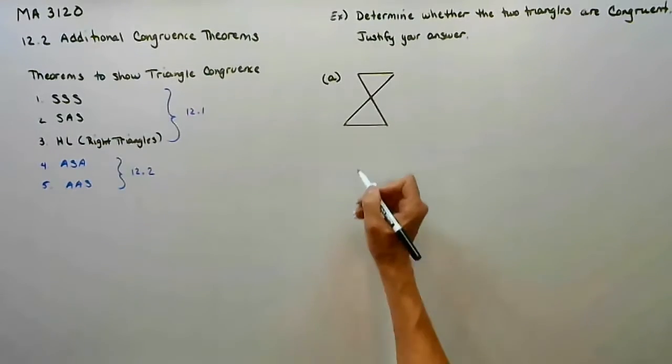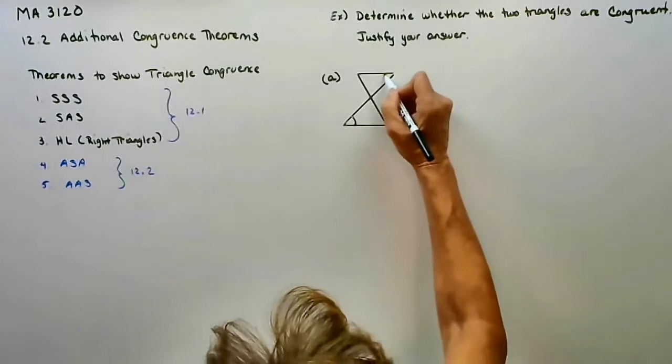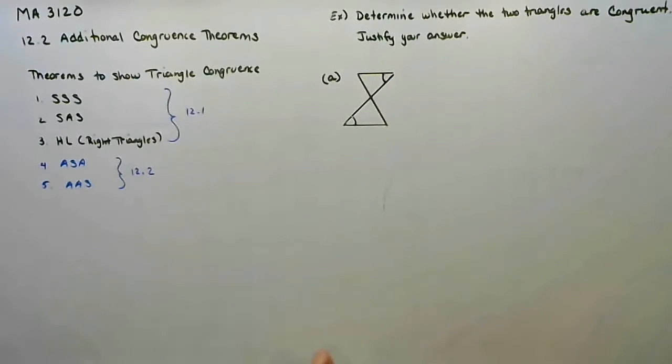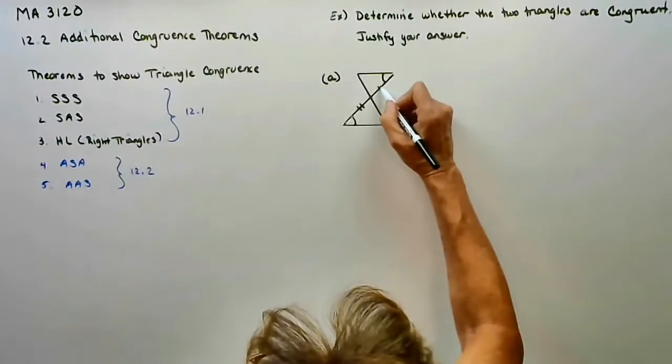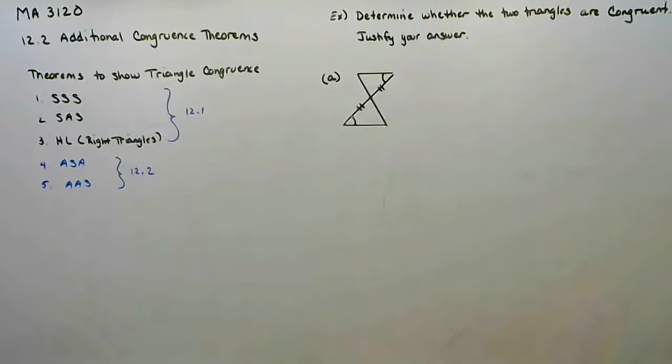This angle and this angle have the same construction mark, therefore they're congruent, so they have the same congruency mark. And this side has the same congruency mark. So right now I have an angle and a side. So right now, side, side, side probably doesn't work. I want to look at side, angle, angle, or angle, angle, side.